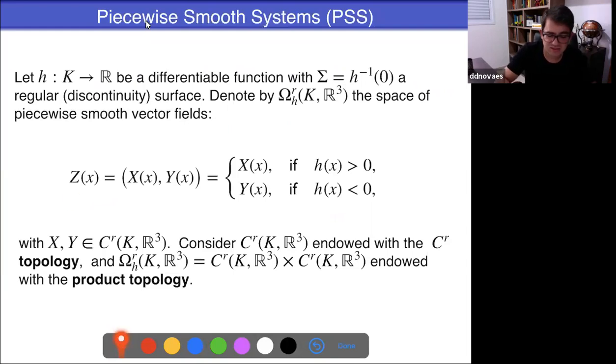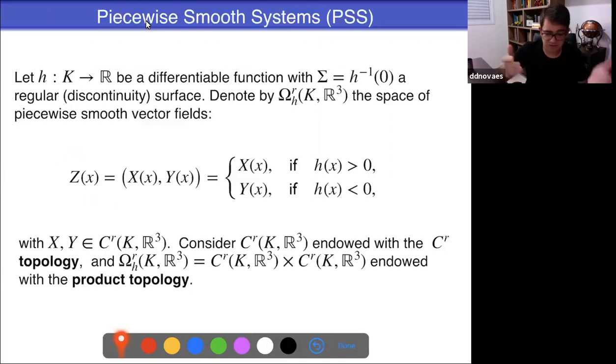So Z is X if H is positive, and Y if H is negative, where each vector field X and Y is a smooth vector field. If this set of smooth vector fields is endowed with the C^r topology, we can see Omega^r as a Banach space endowed with the product topology. Okay, so this is the space of vector fields we are going to consider.